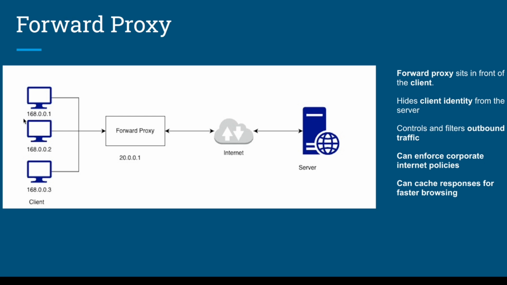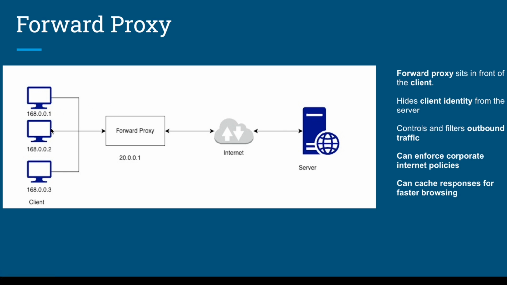Also, one of the important advantages of a forward proxy is that we can enforce internet policies in any corporate world, any company. All those internet policies can be enforced using a forward proxy.